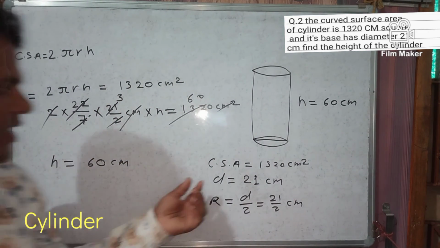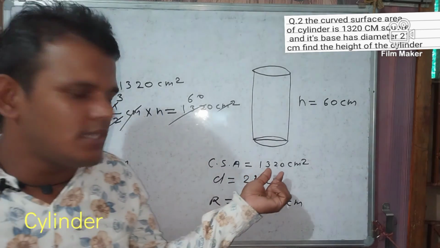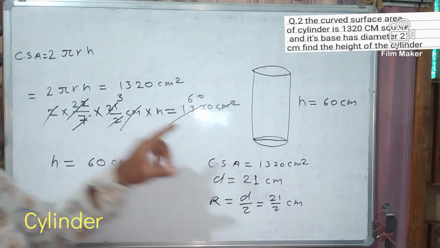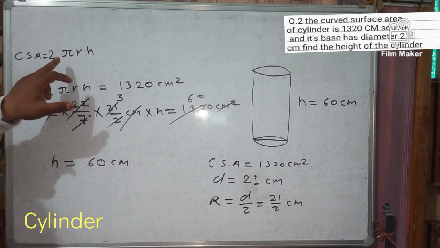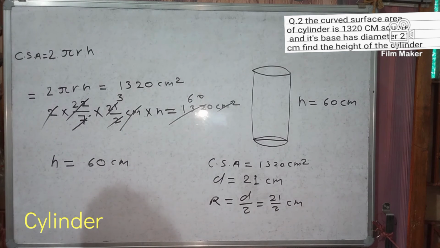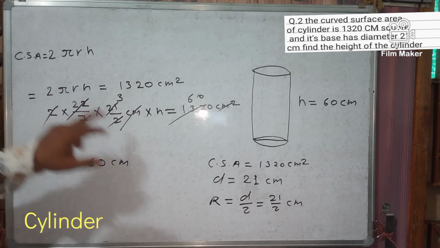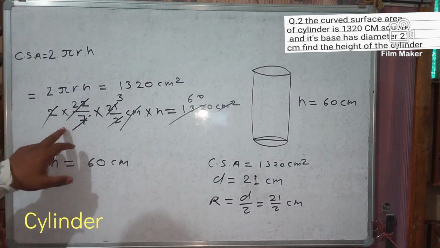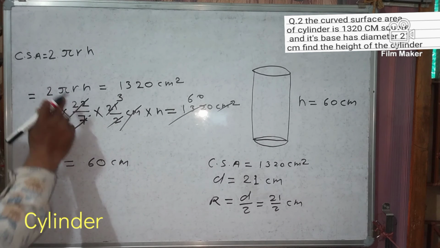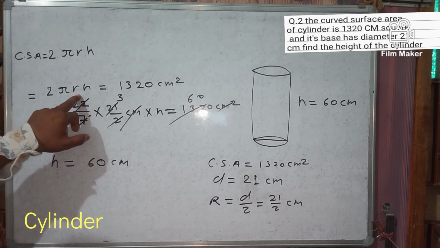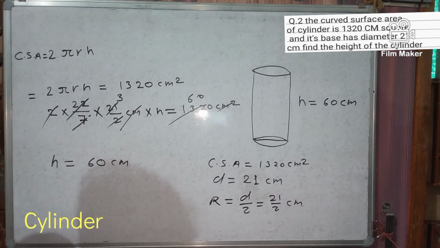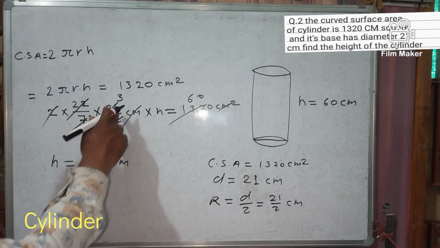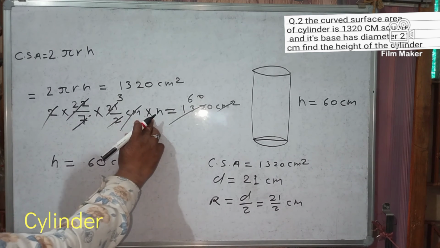Now see here once again, curved surface area is given directly as 1320 centimeter square. Curved surface area formula is 2 into pi into r into h. So 2 pi r h is equal to 1320 centimeter square. Pi means 22 by 7, and radius is half of diameter, so 21 by 2 centimeter, into h.